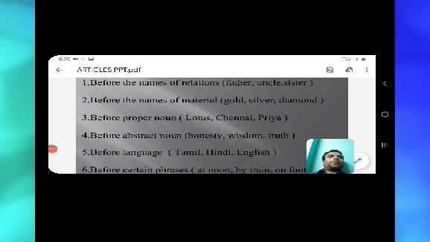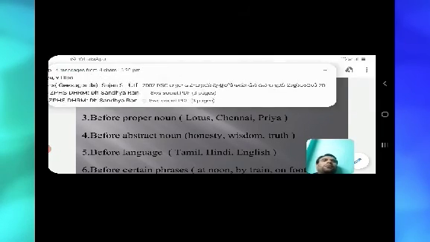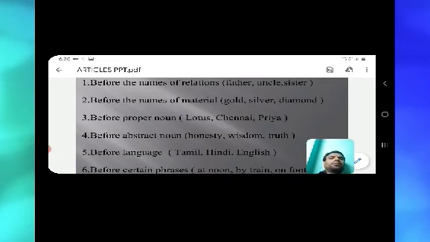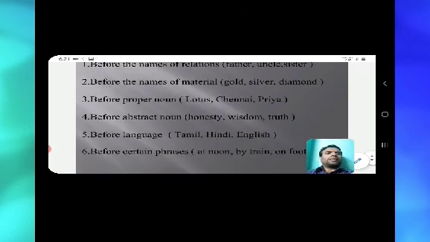Then, before abstract nouns. Abstract means which cannot be seen but we can feel. Such kind of words are called abstract nouns. Generally feelings like honesty, wisdom, truth, hunger, all these are abstract nouns. Before such things we should not use any kind of article.